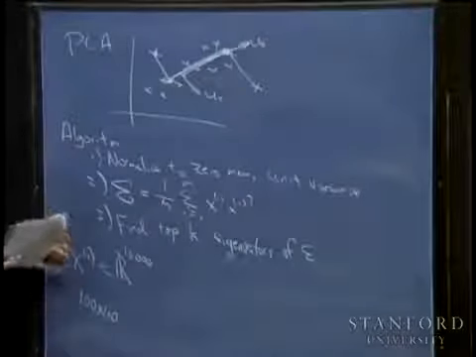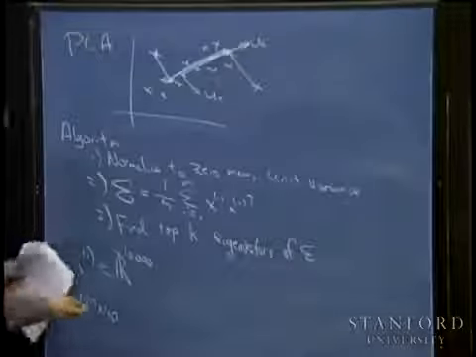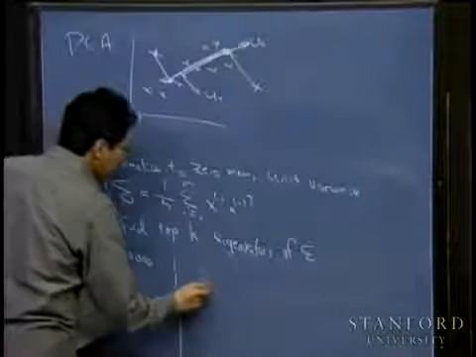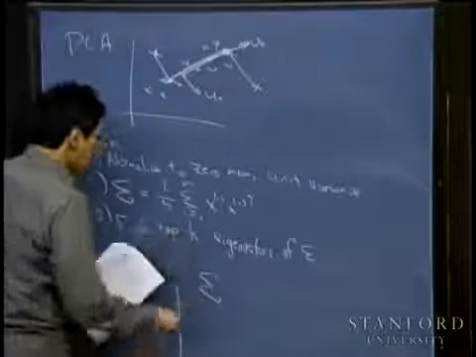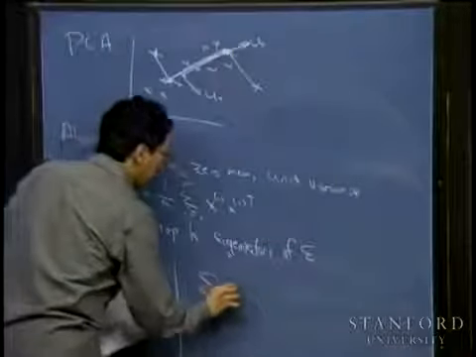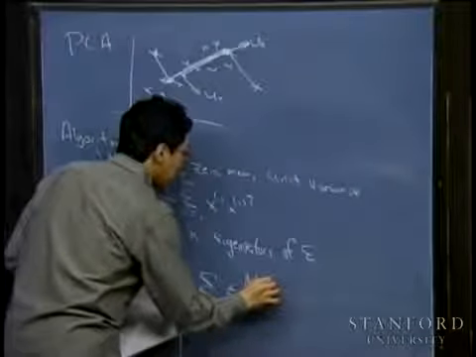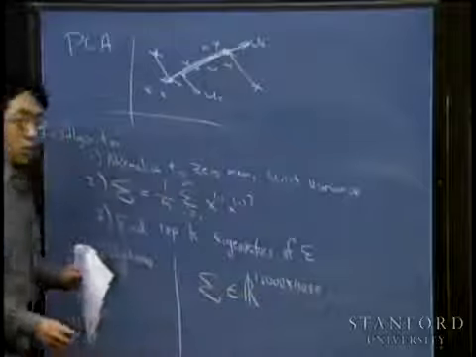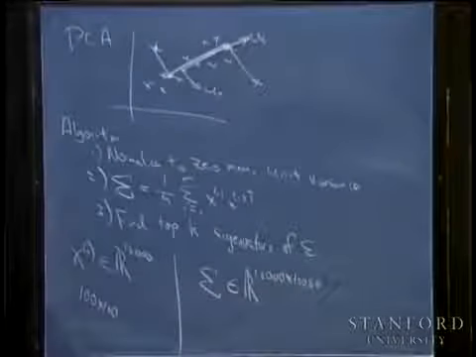The difficulty with working with problems like these is that in step 2 of the algorithm, when you construct the covariance matrix sigma, the covariance matrix now becomes a 10,000 by 10,000 dimensional matrix, which is huge.